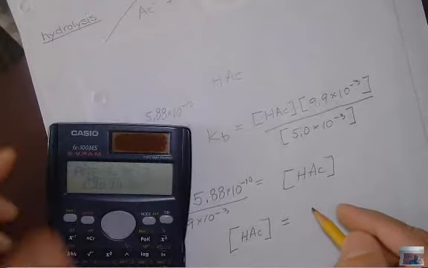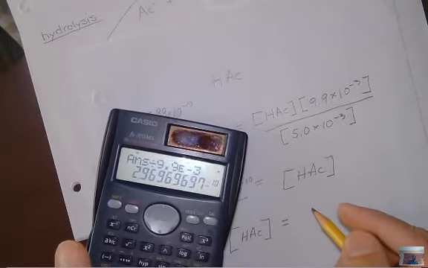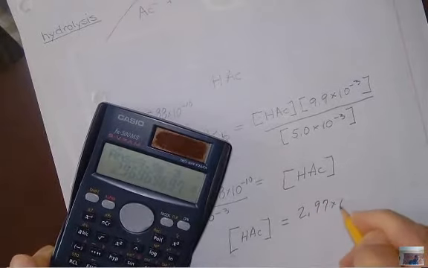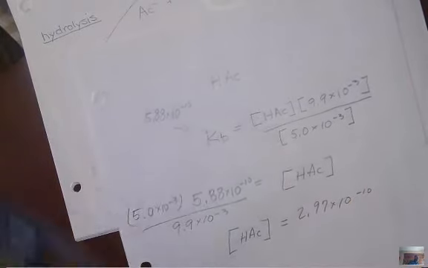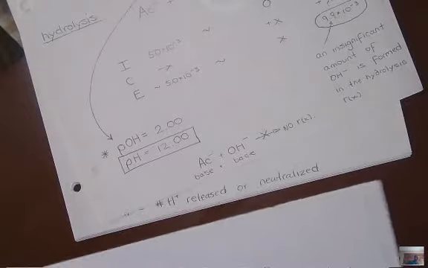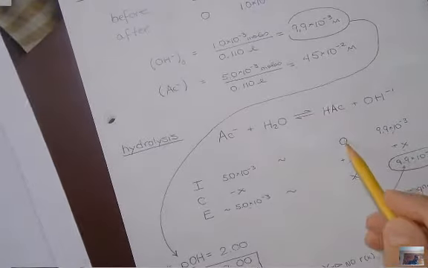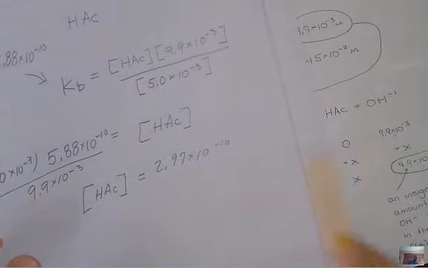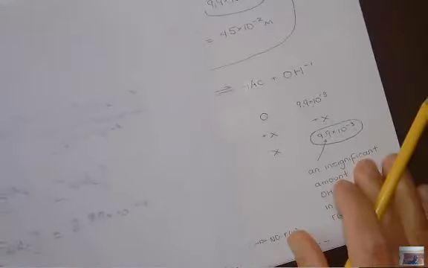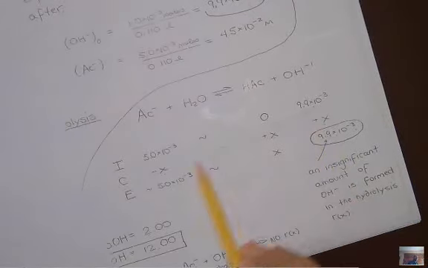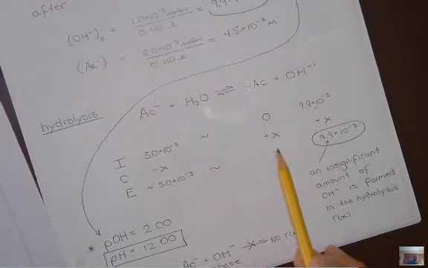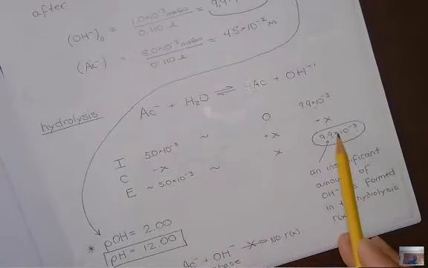Okay, I get 2.97 times 10 to the minus 10th. So you can see that's X, right? That's how much of this I grew in. 2.97 times 10 to the minus 10th is tiny next to 10 to the minus 3 and 10 to the minus 3. So of all the numbers we've been working with, boy, you really can drop the X from there.